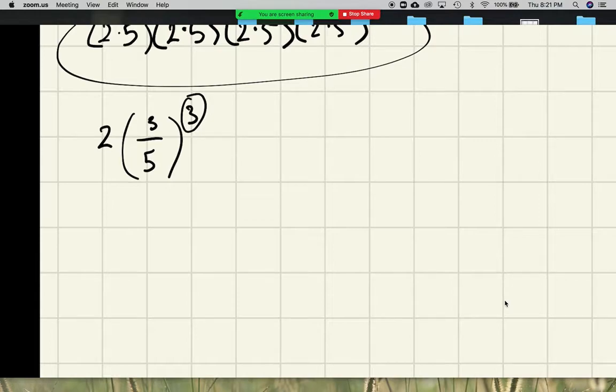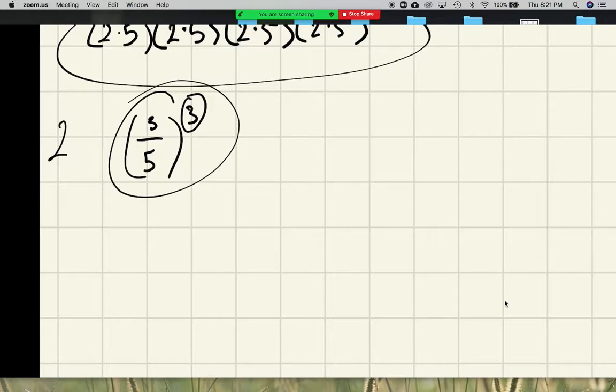So if we were to ignore that 2 for a little bit, this part, 3 fifths to the 3rd, we could change that fraction into a decimal and then multiply it by itself 3 times. But then it'd still be hard to answer this question.